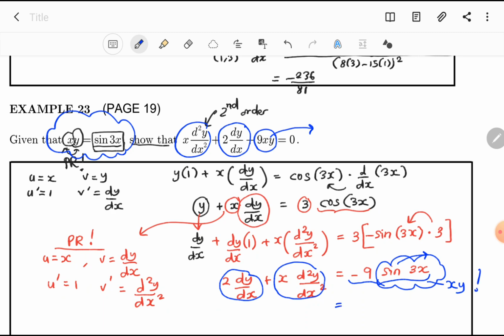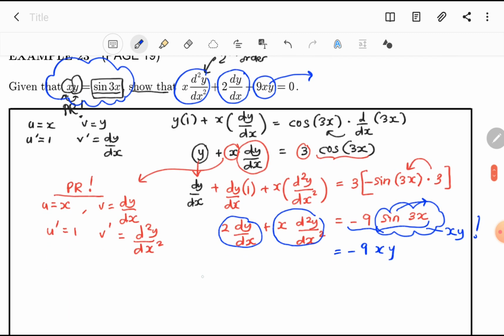Therefore, we can write negative 9xy. So we have x d squared y dx squared plus 2 dy dx plus 9xy equals 0.